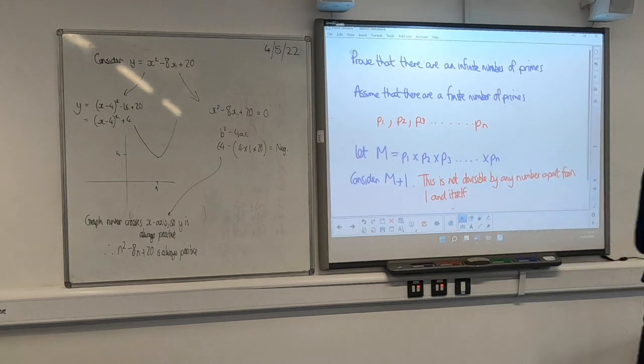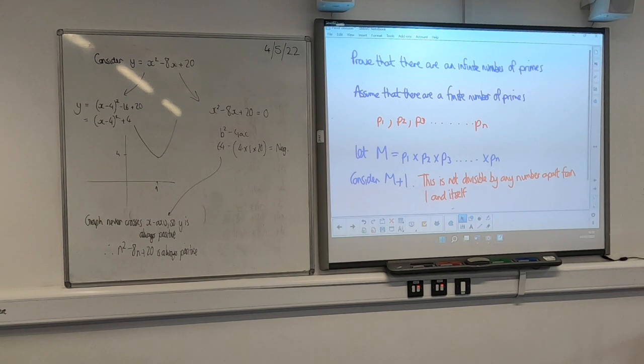And I'm going to double check the wording because I want to make sure I get this correct. So it is either a new prime number or it's a product of some other prime numbers that aren't on the list.